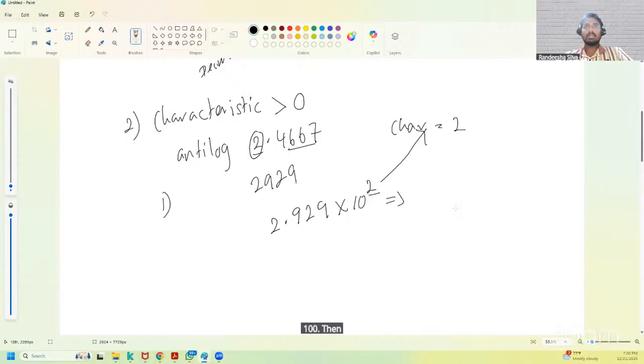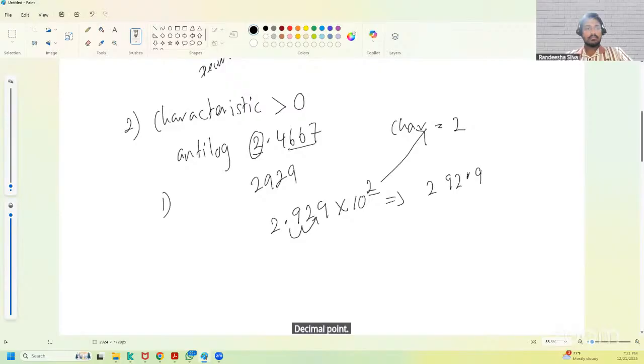Then we have to move the decimal point two places to the right, so it will be 292.9. So that's how we use the characteristic to identify the decimal point.